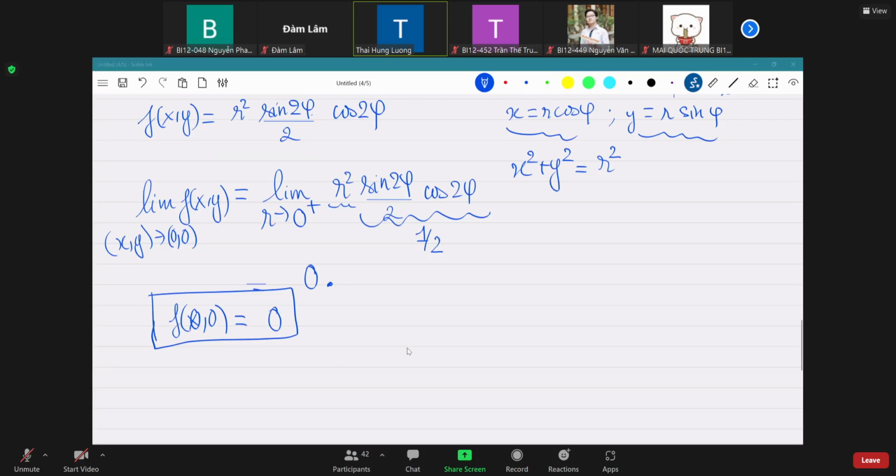I mean, it is the xy coordinate, if I'm not wrong, and the one I use here is polar coordinates.